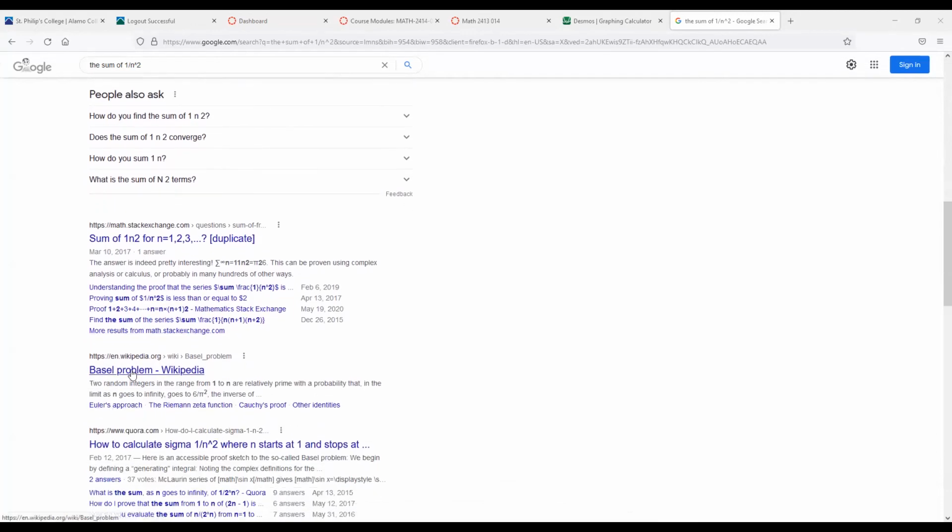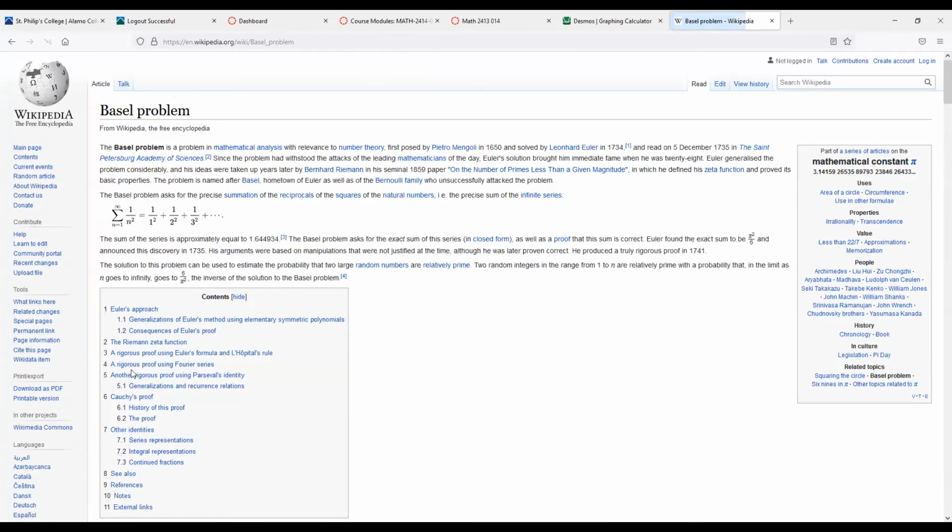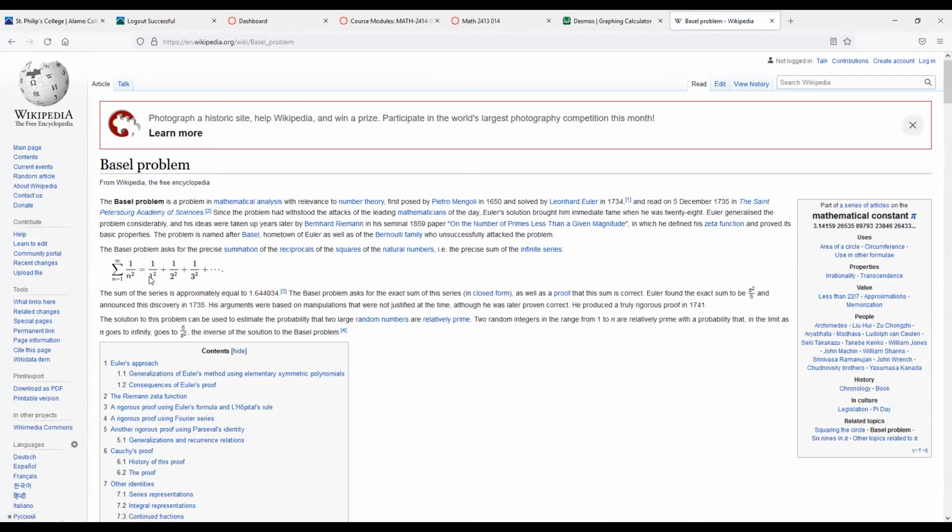This is the Basel problem. So the sum of 1 over n squared was actually found. As n goes to infinity, the sum ends up going to pi squared over 6, the solution of the Basel problem. So finding these numbers is tough, but we can prove that this converges.